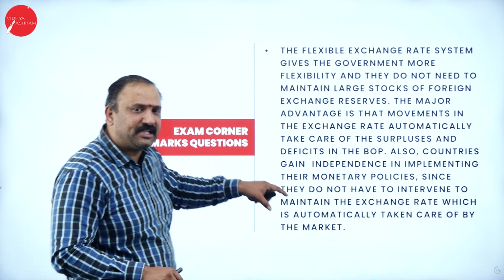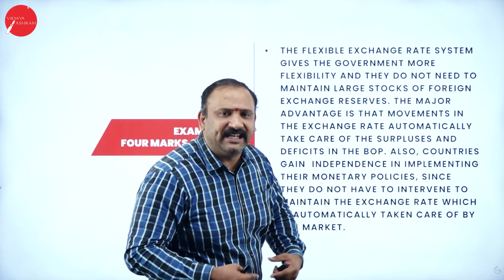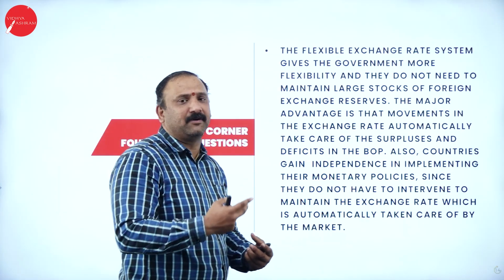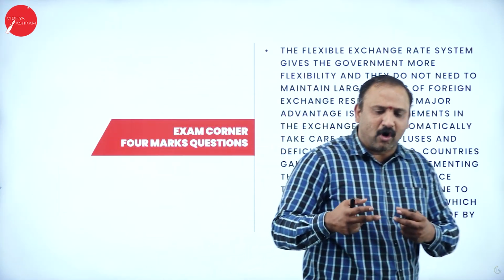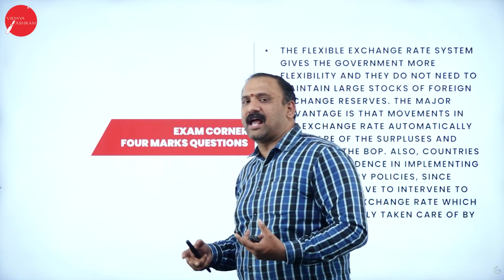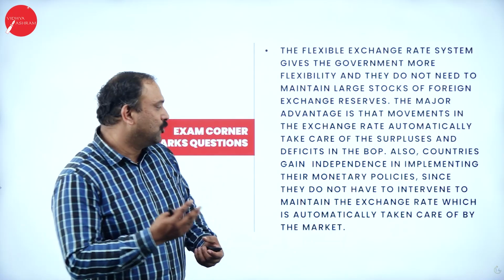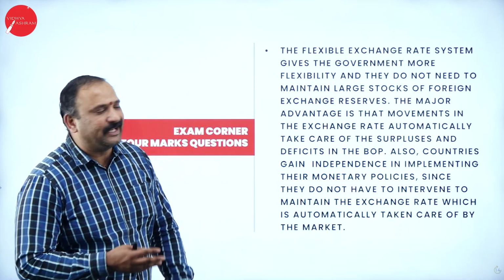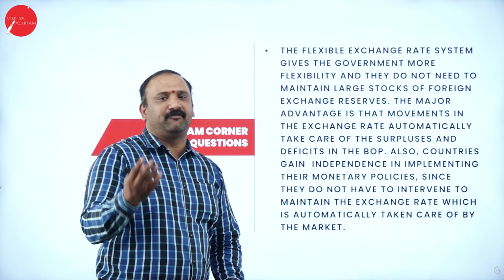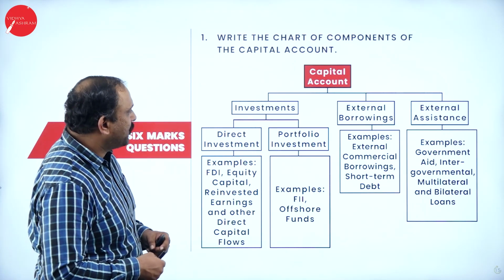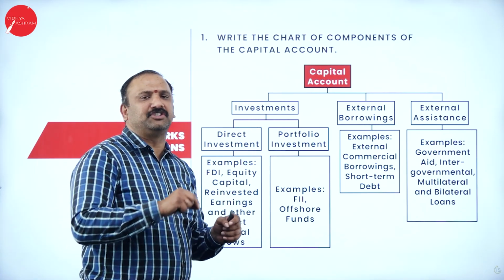What that means is that countries would start gaining independence by themselves, and the monetary policies would also become flexible, where they try to accommodate the changes that are going on so that we are able to track and see how things are moving in place. Now, the most important thing is that it gets automatically taken care of with the market fluctuation, the market demand and supply that's going on.